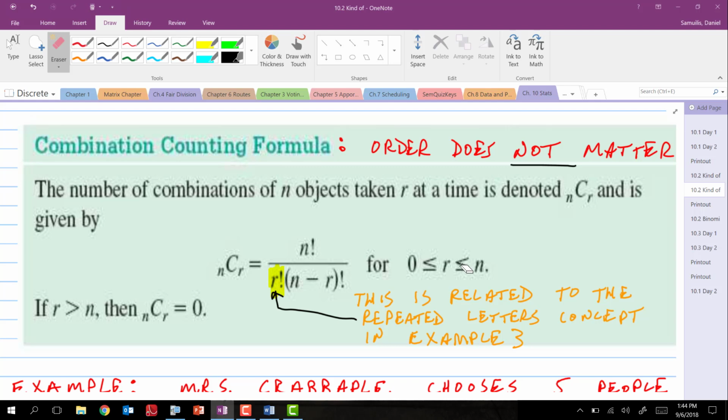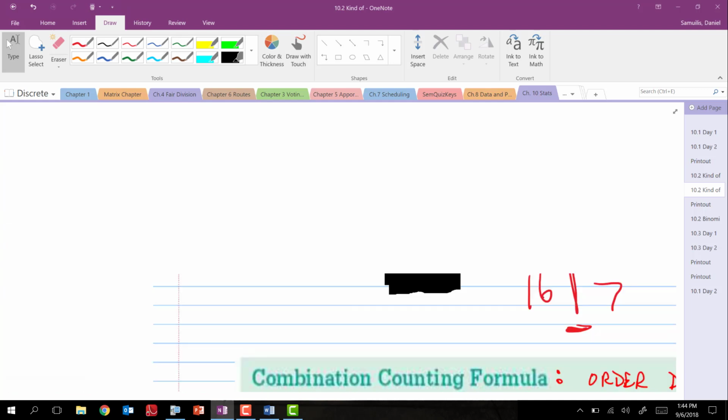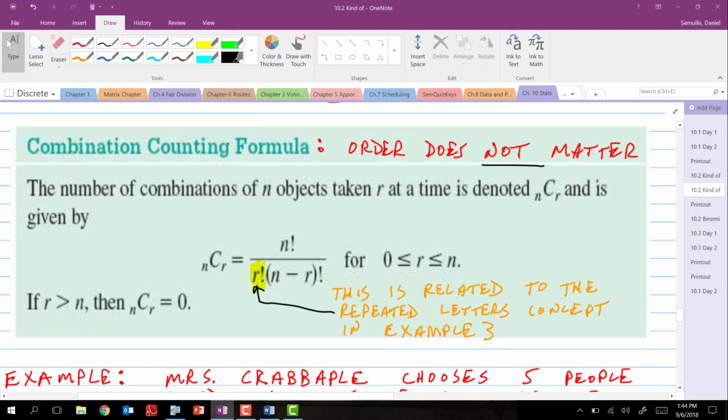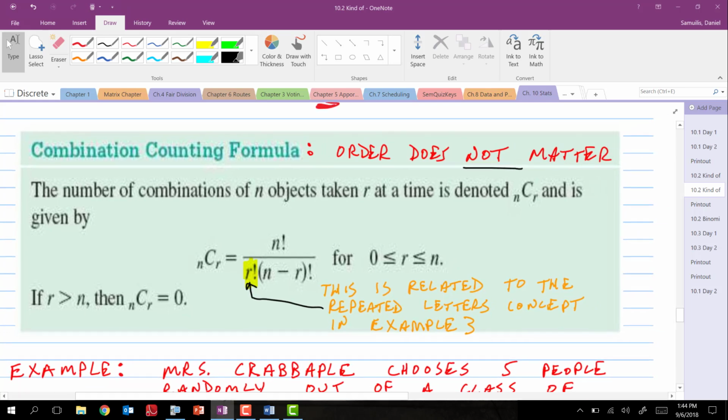So in a combination, it doesn't matter in order when you use it. So that r factorial takes out the situations that make order matter. And I'll make that a better explanation when we talk about Mrs. Krabappel in our next example.